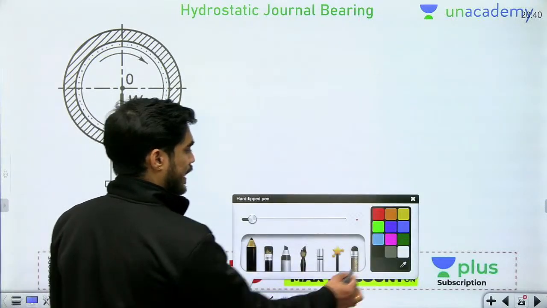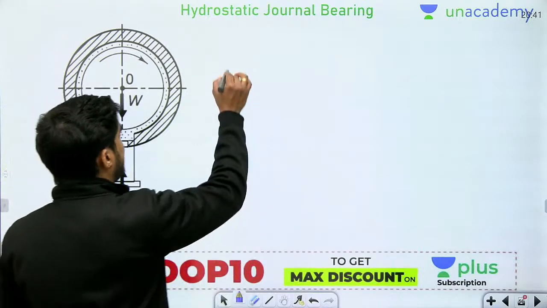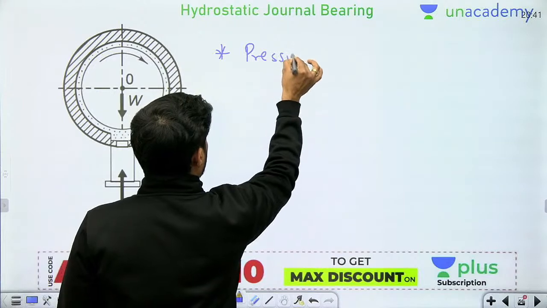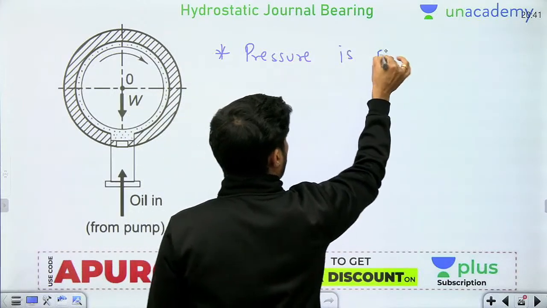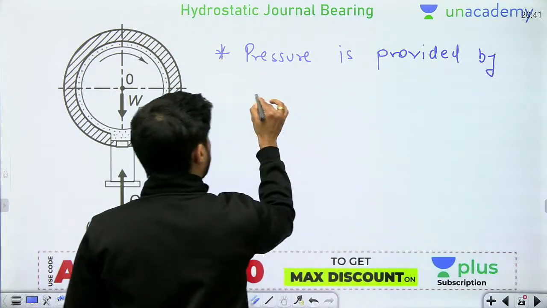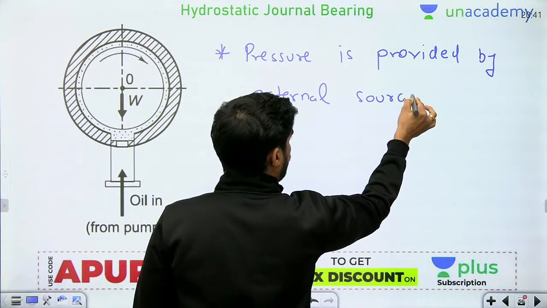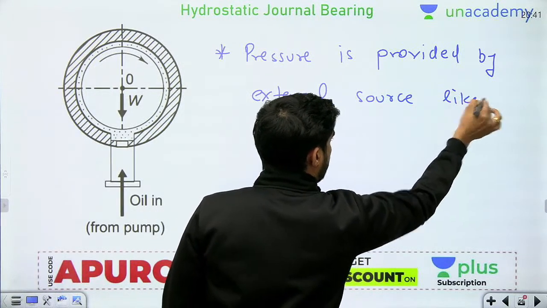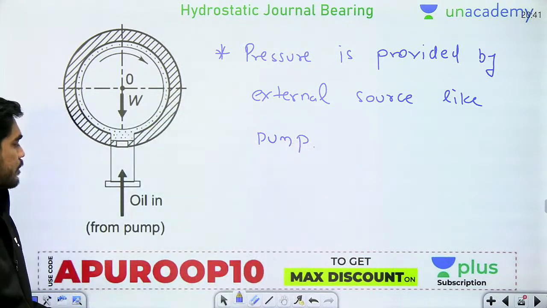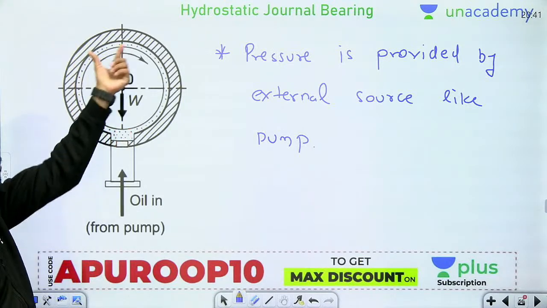So what happens in case of hydrostatic journal bearing? In case of hydrostatic journal bearing, pressure is provided by an external source like a pump. So you can see from the pump we are providing high pressure lubricating oil.